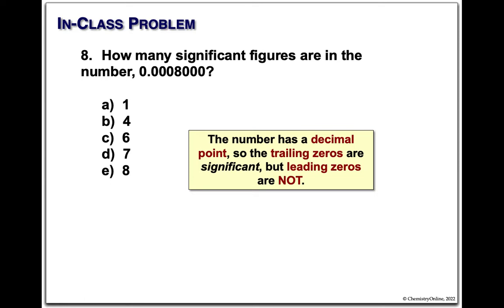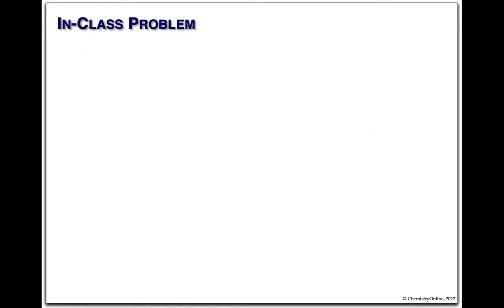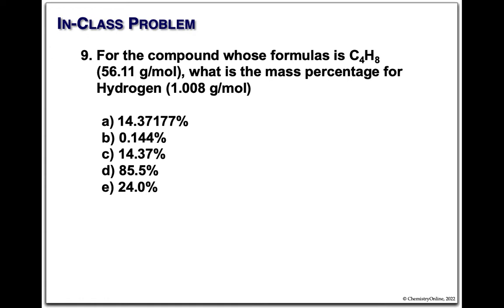So we simply get rid of the leading zeros, and then we count. 1, 2, 3, 4. That's it. Any questions? The problem on the exam comes straight from the significant figure tutorial.